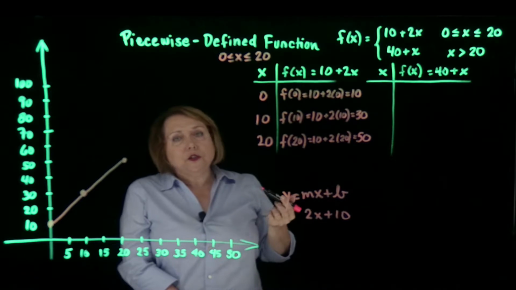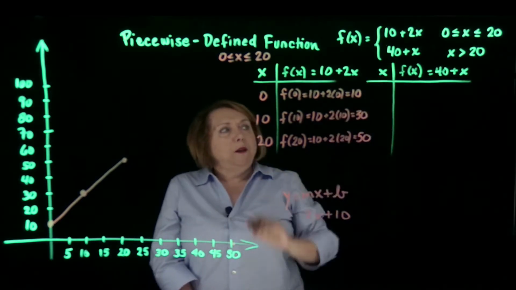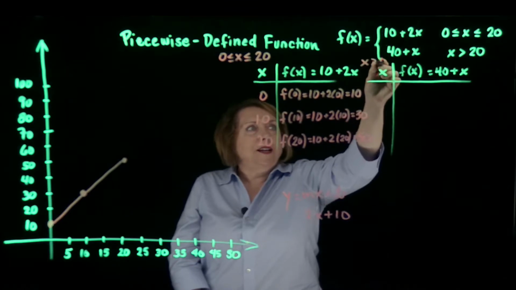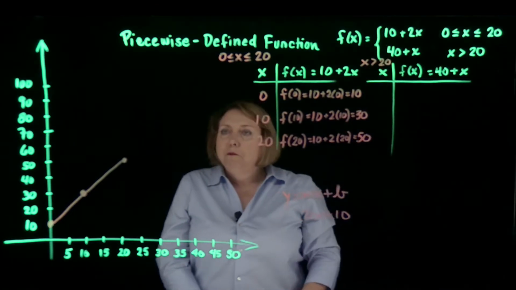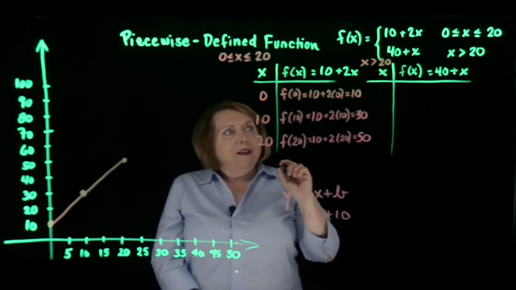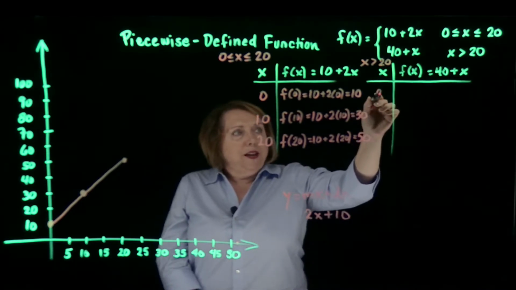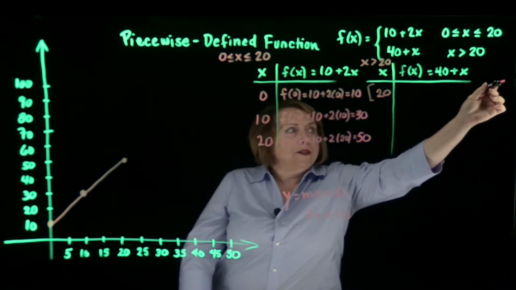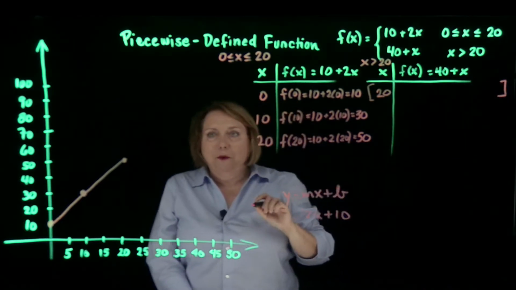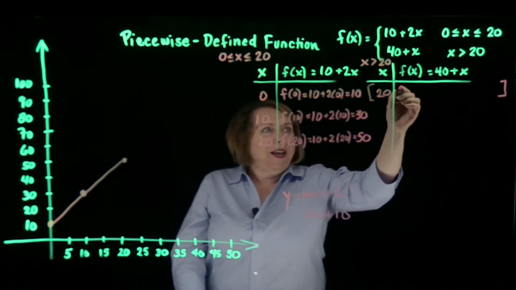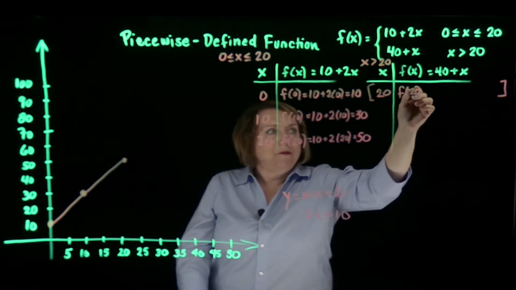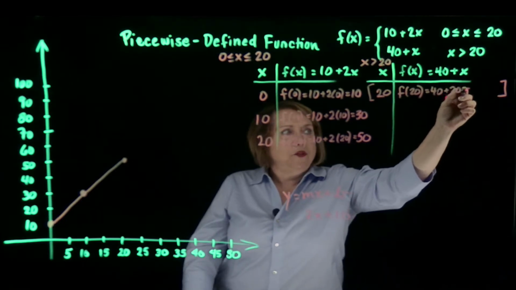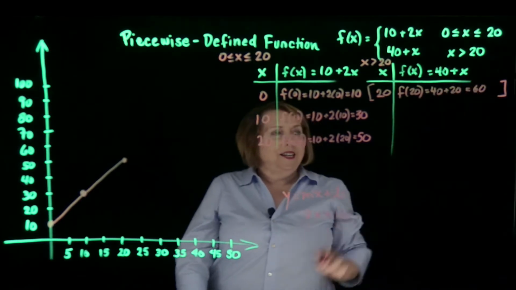f of x is also the rule 40 plus x if x is greater than 20. So any numbers of x bigger than 20. Now one thing I am going to do is put 20 in for x here, but I'm going to put brackets around this. And I'll explain why in a minute. So if we calculate f of 20, I have 40 plus 20, which is equal to 60.